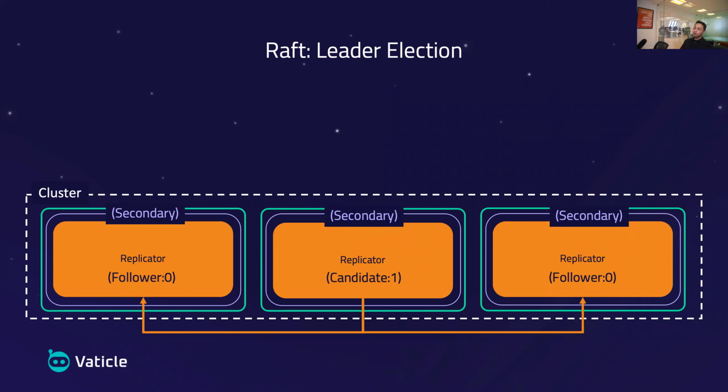The election process is actually quite simple. It's not like the real election where anyone can vote for anyone else. In Raft, anyone who starts an election always proposes itself to become the leader.